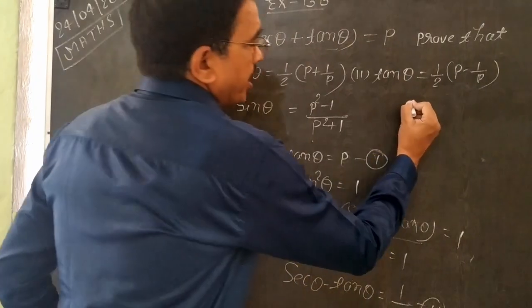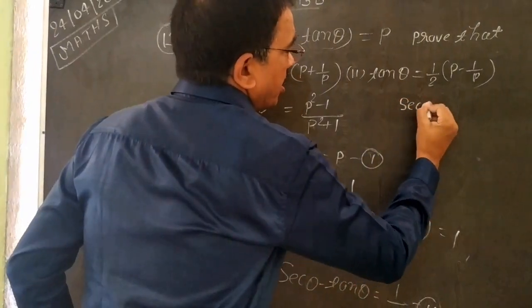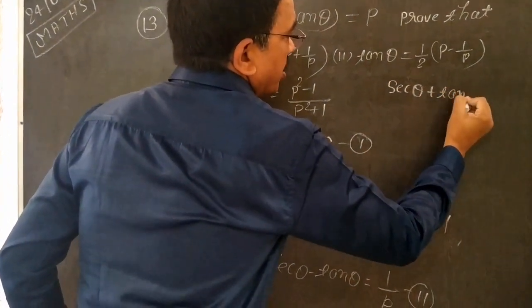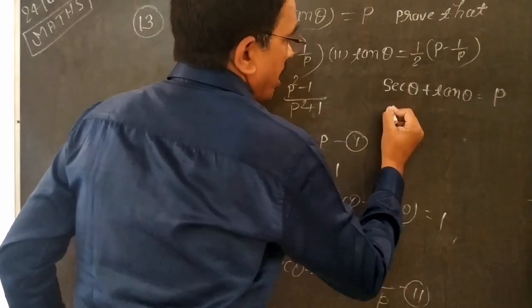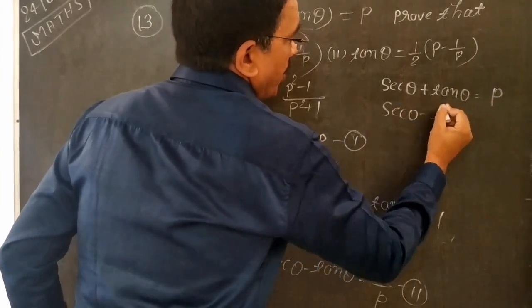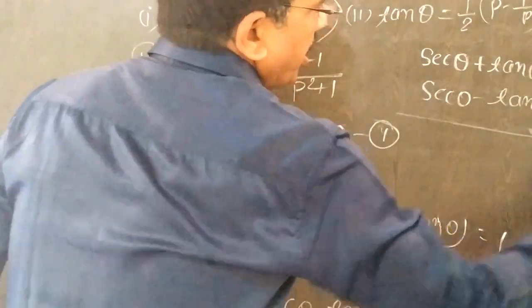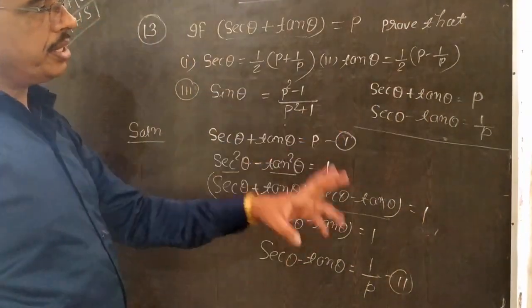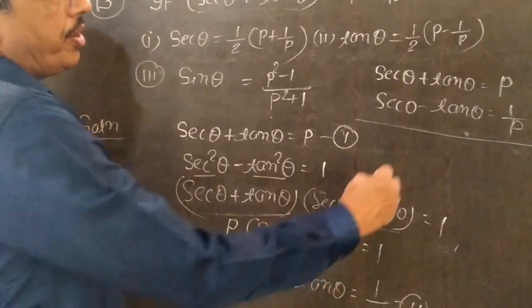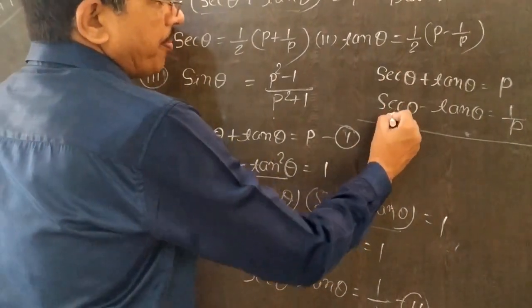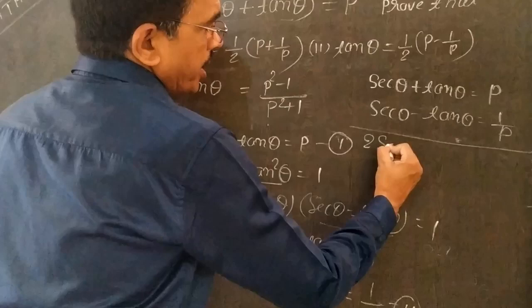Now write here: sec theta plus tan theta is equal to p, and sec theta minus tan theta is equal to 1 by p. There are two equations. By the elimination method, we solve it. So you see here, it is plus sec and plus sec, then it is 2 sec theta.